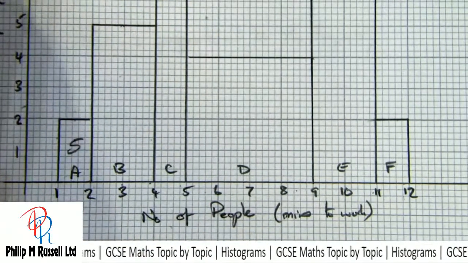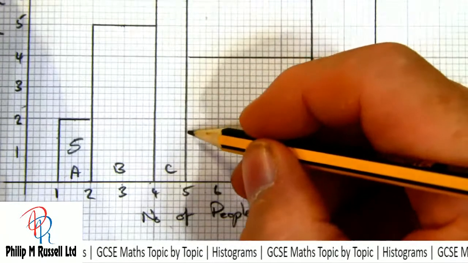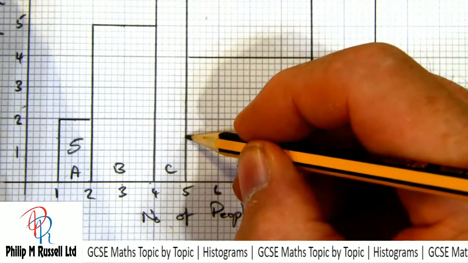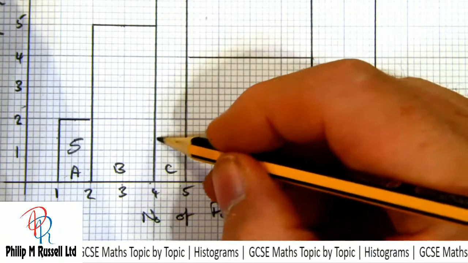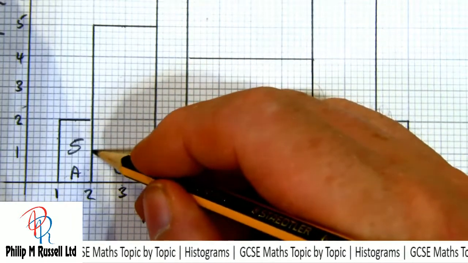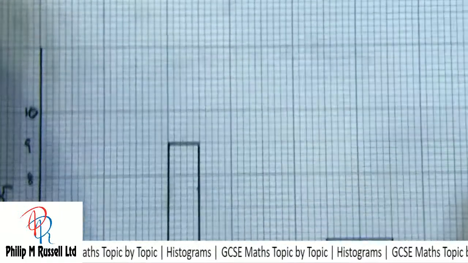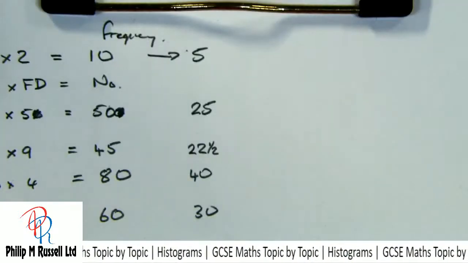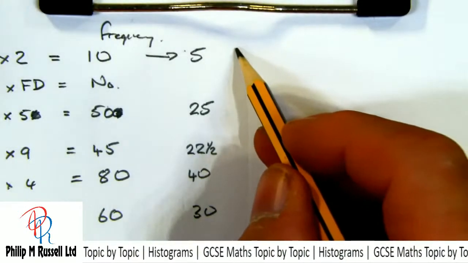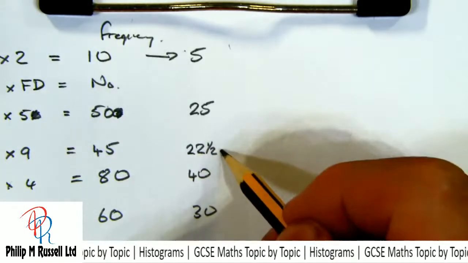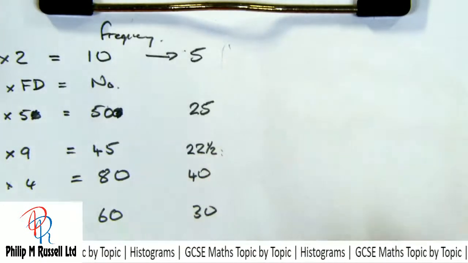So if I want to do less than 5 minutes, it's going to be all the people in C, all the people in B, and all the people in A. So I would then go here and say it's going to be all of those people.